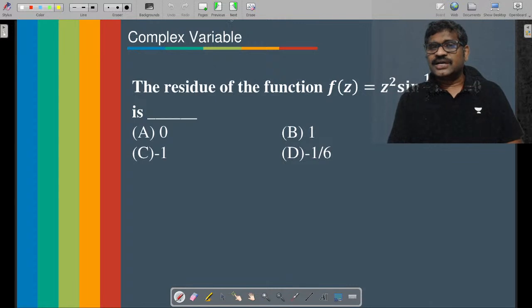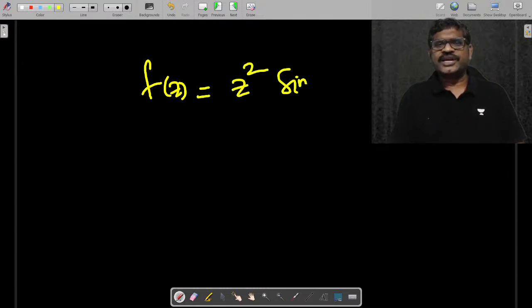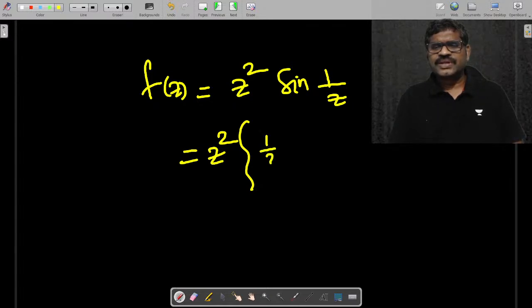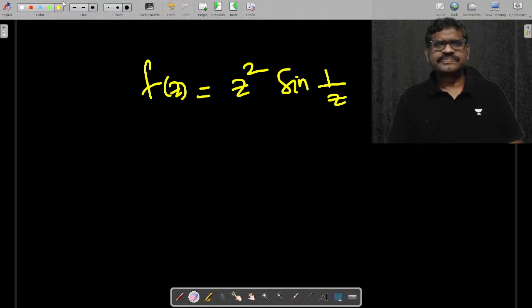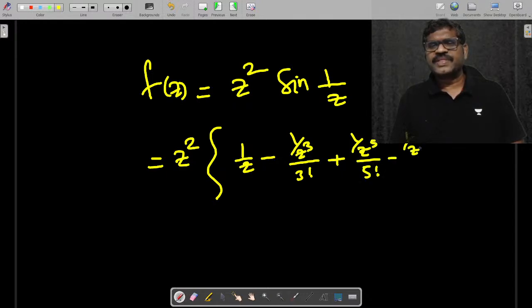Next, the residue of f(z) equal to z^2 into sine 1 by z at z equal to 0. Now f(z) is z^2 into sine 1 by z, which expands as 1 by z minus 1 by z^3 by 3 factorial plus 1 by z^5 by 5 factorial minus 1 by z^7 by 7 factorial, and so on.